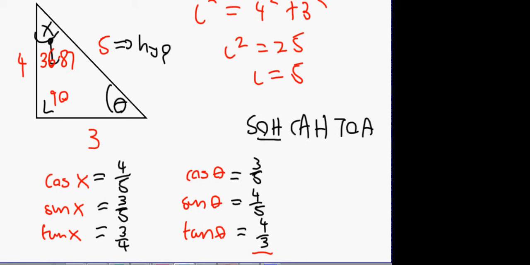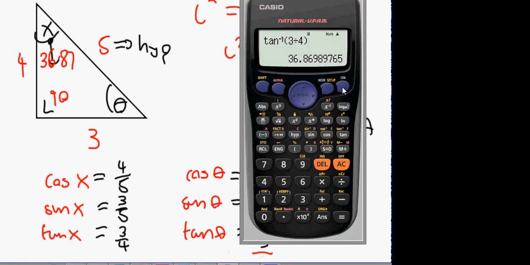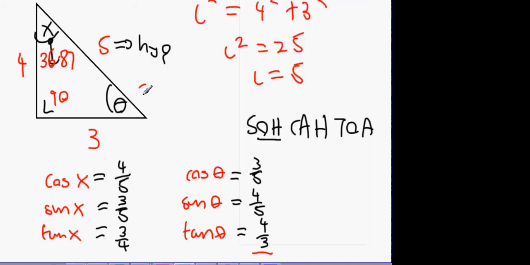So let's see what happens to tan inverse 4 over 3. 53.13. The bottom line is, when you turn tan upside down, whatever angle you used to have, take that old angle away from 90 and you get the new angle.